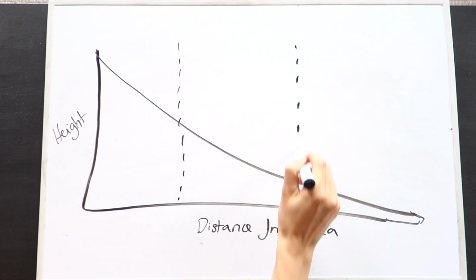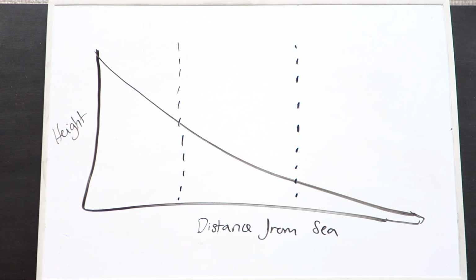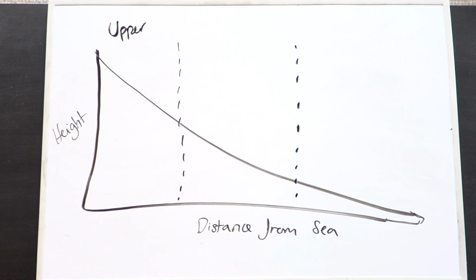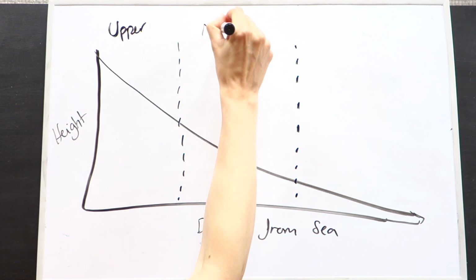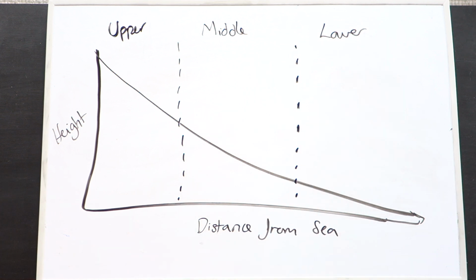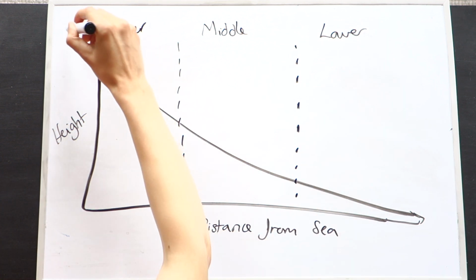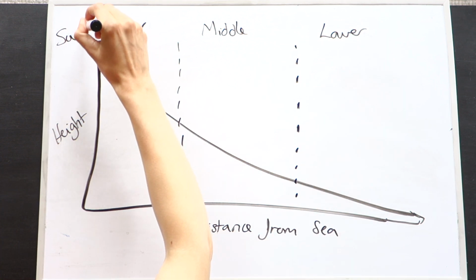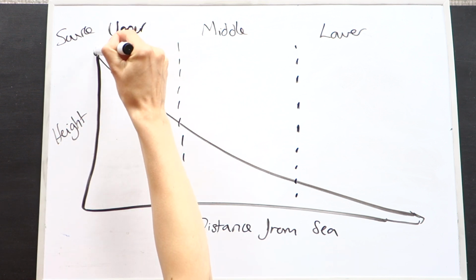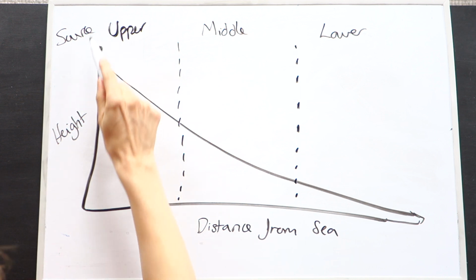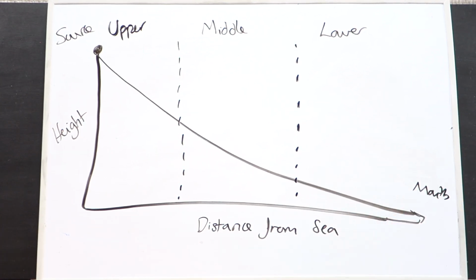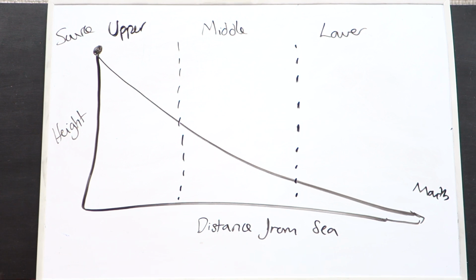We can divide this up into three imaginary sections: the upper course, the middle course, and the lower course. In the upper course, near the source, the river is high above sea level, and it is a long way away from its mouth where it flows into the sea.